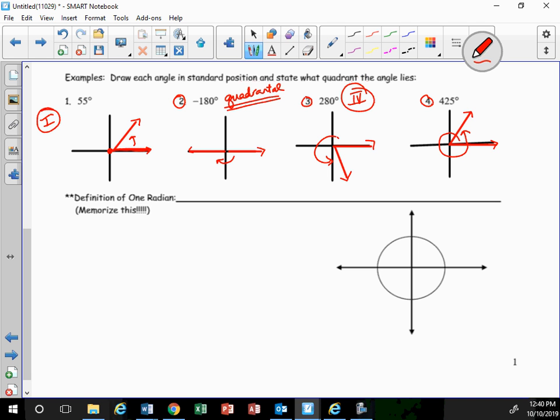Definition of 1 radian. Okay. Let me write it out first, and then we'll talk about what it means. You can cross out, memorize this. I'm not going to ask you to regurgitate it, but I do want you to understand what it means.